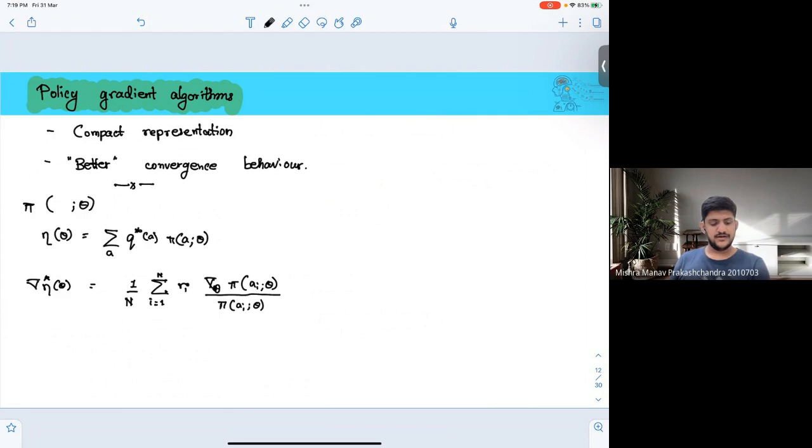Now, in order to take this idea and apply it to the full RL problem, one thing is that my policy pi earlier was just a function of the action A. Here it will have the notion of a state as well.